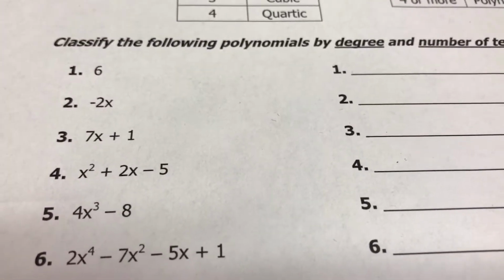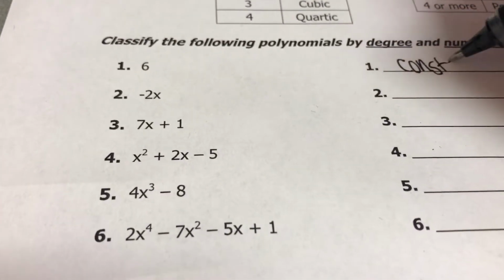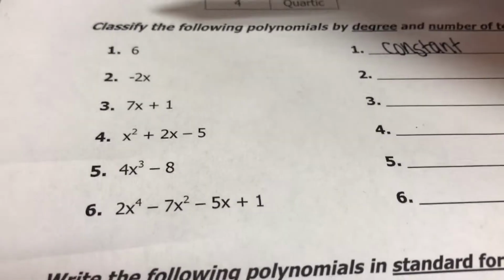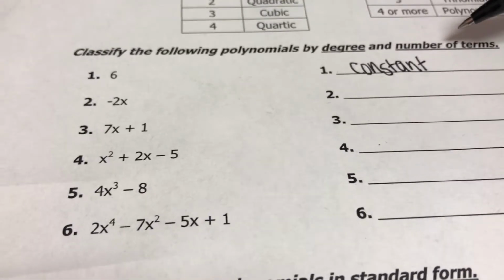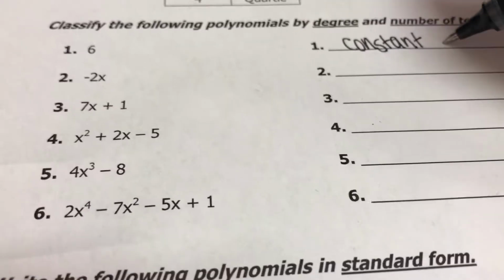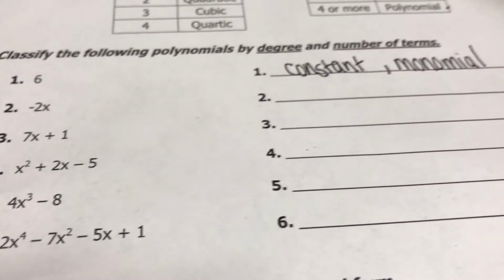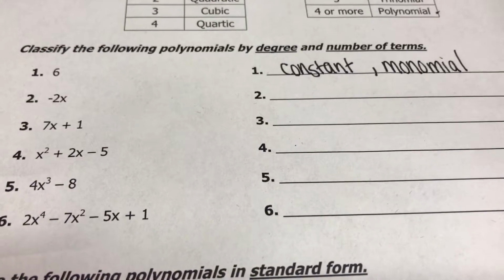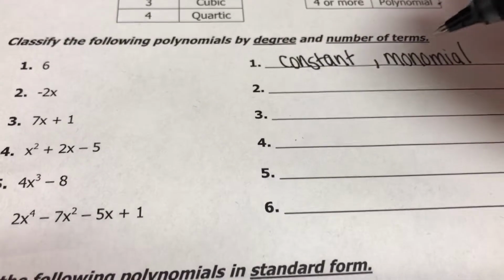The first one is a constant. It says to classify the following polynomials by the degree and the number of terms. There's only 1 term there, so it's a constant and it's a monomial. All right, the next one. It's not a constant because I do have an x there, so it's to the 1st power.